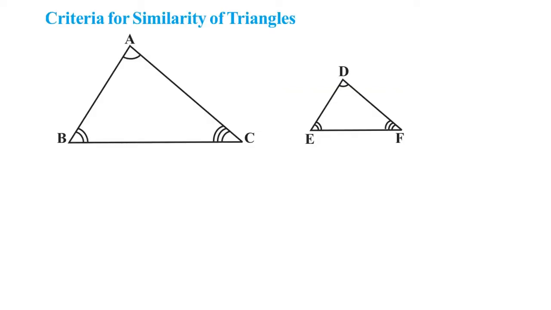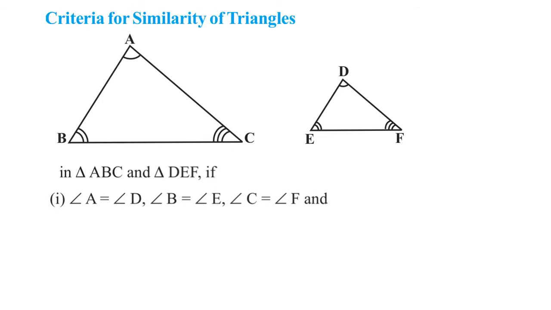When do we say that two triangles are similar? Let's look at these two triangles, triangle ABC and triangle DEF. We say that the two triangles are similar if the corresponding angles are equal: angle A is equal to angle D, angle B equal to angle E, and angle C equal to angle F. And the second criterion is that the ratios of the corresponding sides are in proportion.